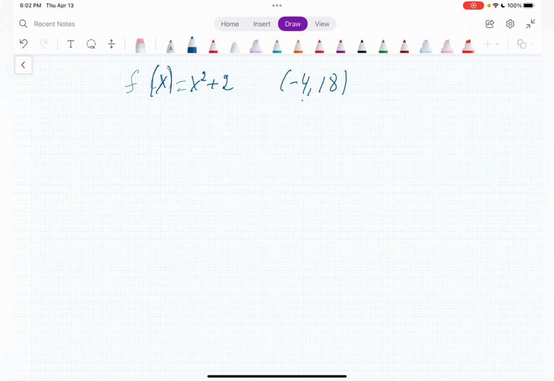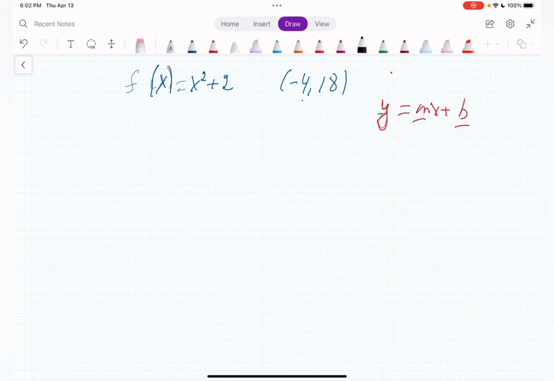We need to find the format: y is equal to mx plus b. Okay, so first thing we need to find m, and then we need to find b. Okay, tangent line. So it's a line of the slope. That's what we need to find. So first things first, we need to find out.